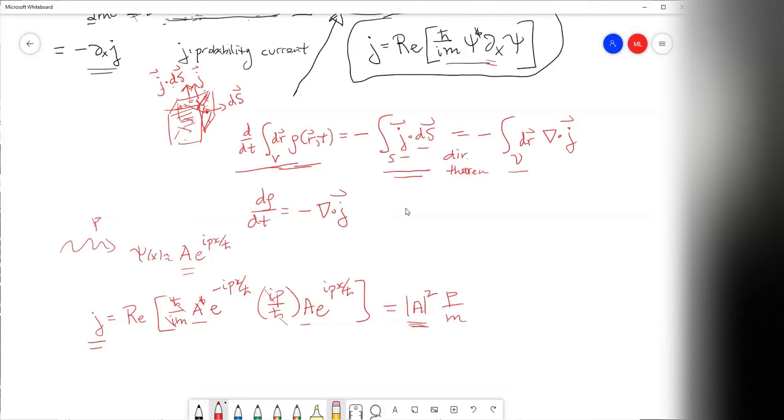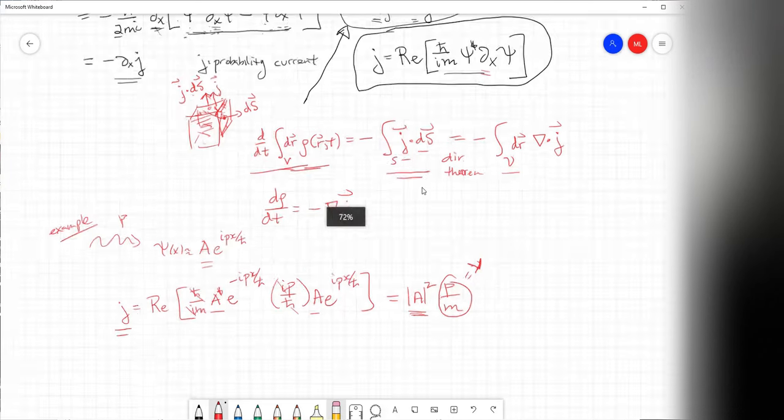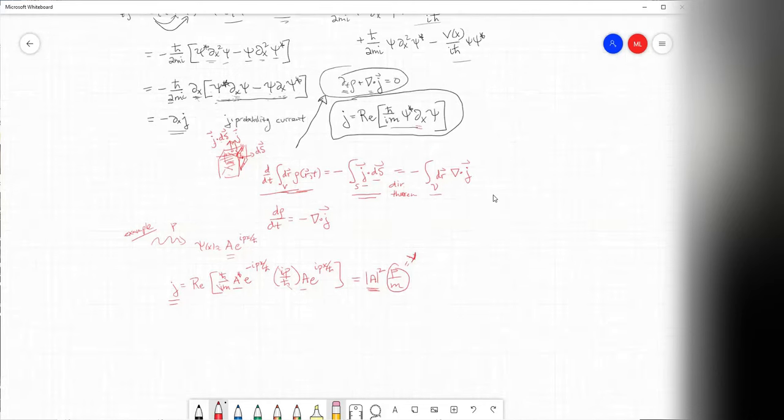So this is the velocity of the particle. That makes some sense. All right, and that's it for the basics of wave mechanics.